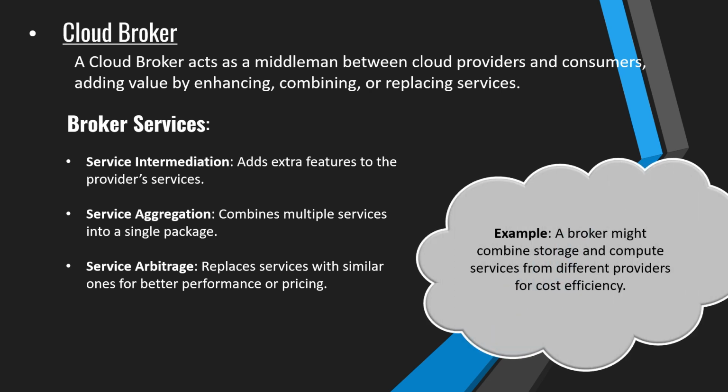For example, a broker might combine storage and compute services from different providers for cost efficiency. It's like finding a home at a low price. It is similar to that.